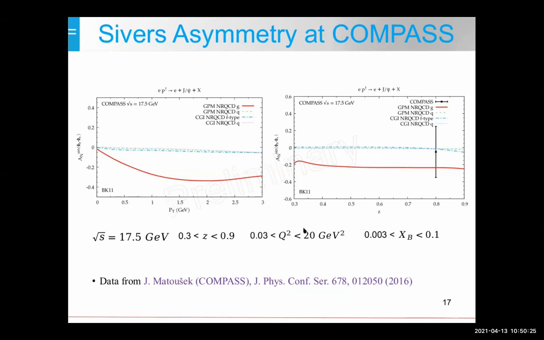Yeah, okay. So at z equal to 1, actually we will have the infrared divergence. So that's why we are restricting our z from 0.3 to 0.9. I see. And in principle, would the data point at high z still be sensitive to the gluon Sivers, or is this just excluded from your framework?